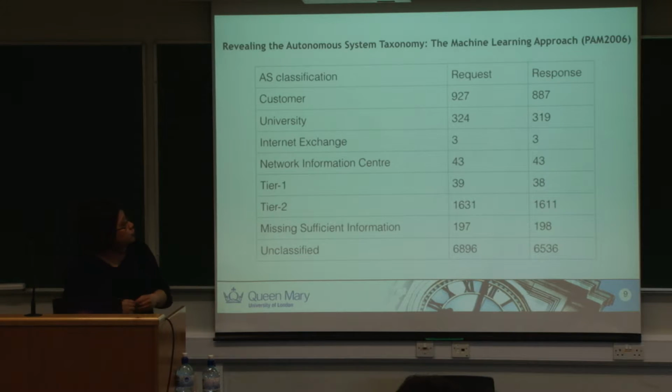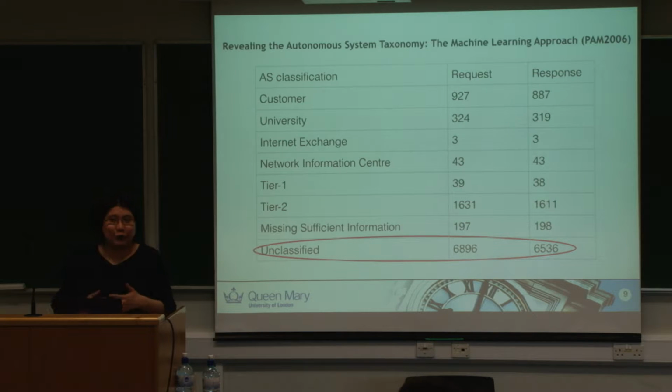So we try to use a machine learning approach to classify the autonomous systems, which was published in 2006. And we have detailed categories in this method. However, the coverage of that database is not good enough. So we have nearly 67% of ASs unclassified.